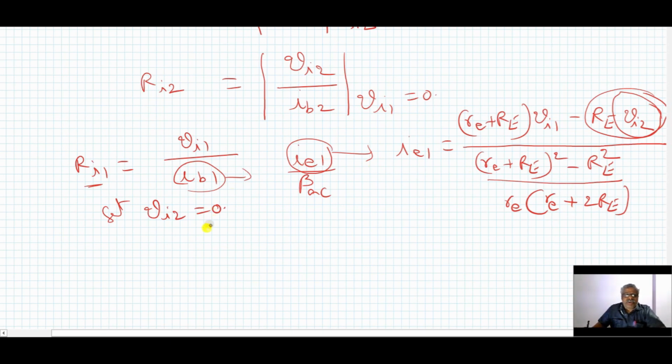Okay. So therefore, our Ra1 is equal to Vi1 into beta AC. This beta AC will go to the numerator. So divided by IE1, the numerator will come to the denominator here: Re plus capital Re into Vi1, and IE1 denominator will go into the numerator.